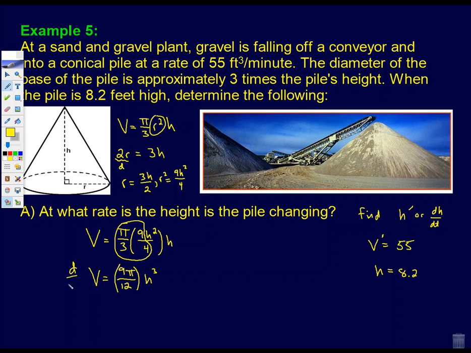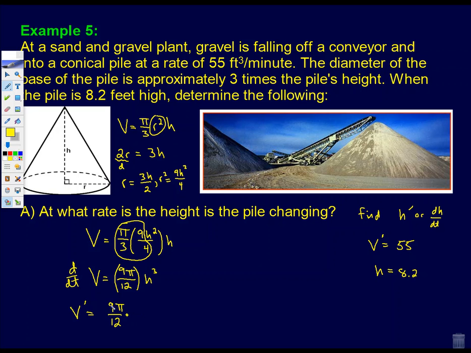We're going to apply the derivative with respect to t to both sides. And that means that v prime, or dv dt, on this side, all I've got is this big constant times h cubed. So we use the constant multiple rule and the chain rule.